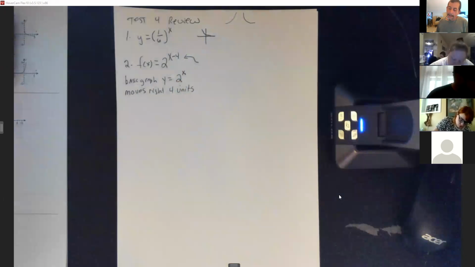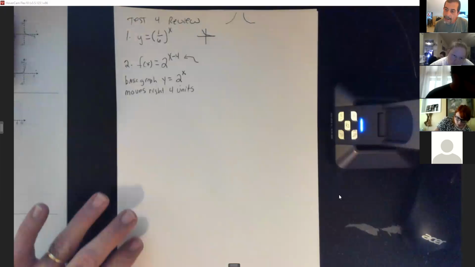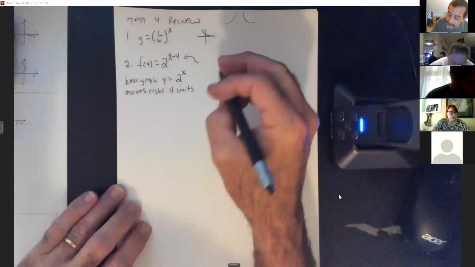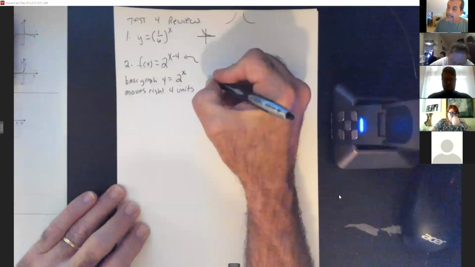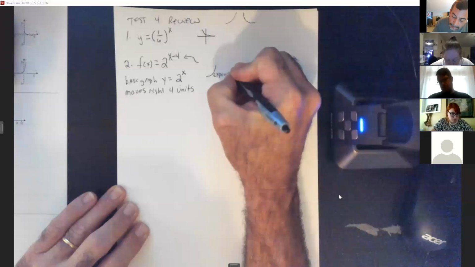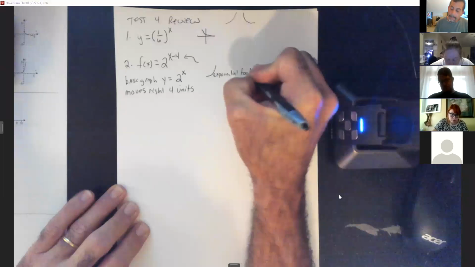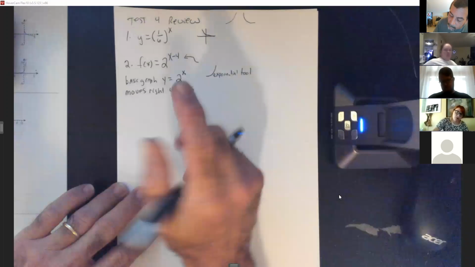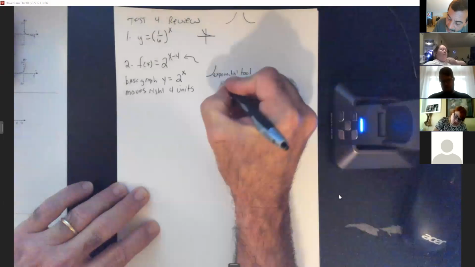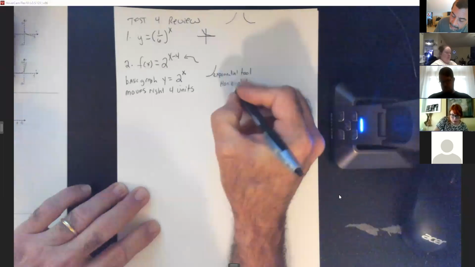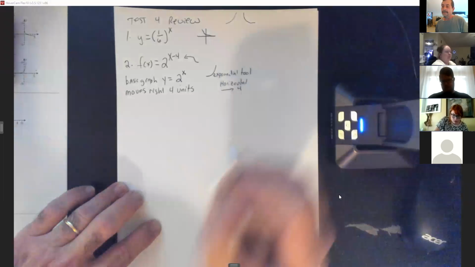Okay. So remember, you got to graph this one on MATLAB. So when you graph it, click the exponential tool. Click it on the graph, and then it's going to open up the boxes. We need to move the horizontal to the right to a positive 4.